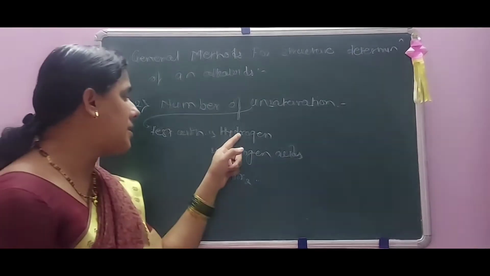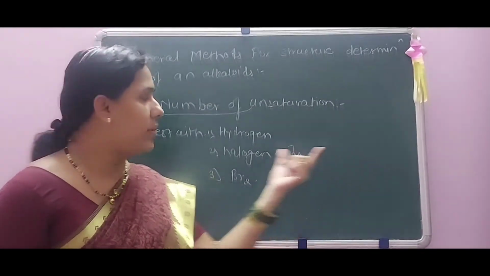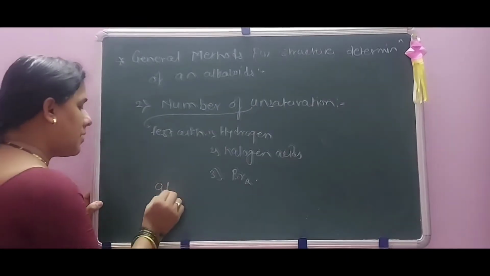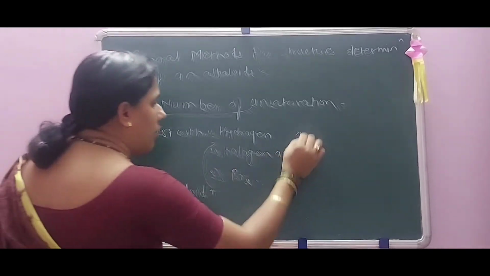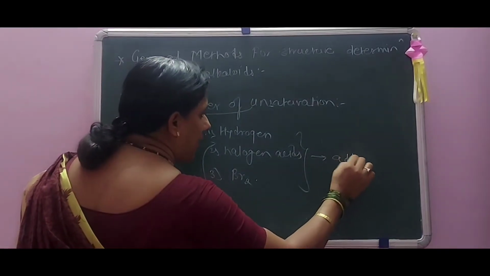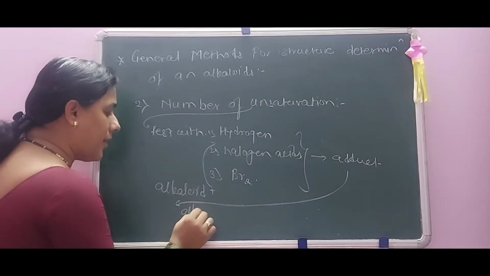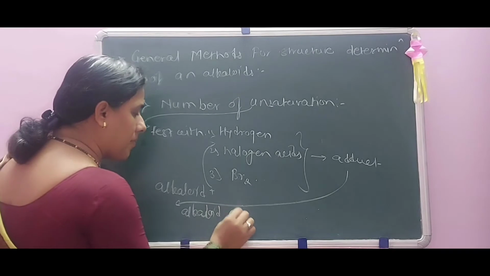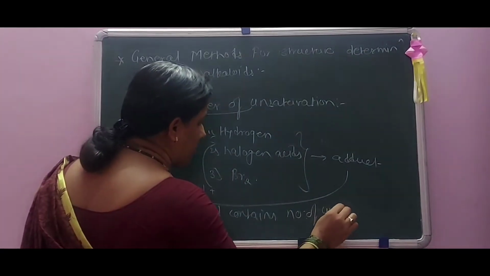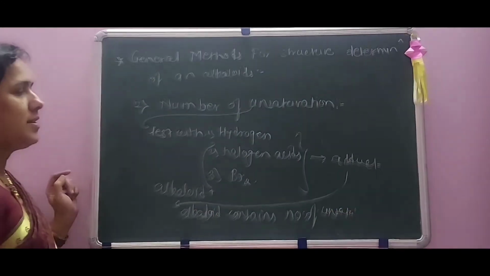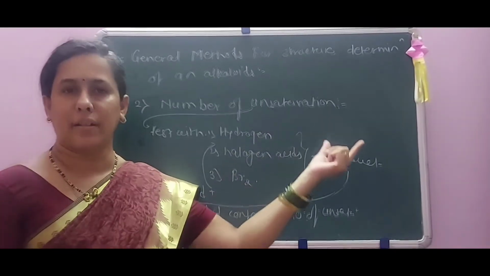One of these tests gives an addition product as a crystalline compound with the alkaloid. If we get the addition product or adduct by any of these methods, we can say that the alkaloid contains unsaturation.